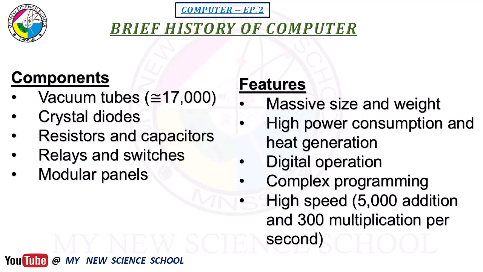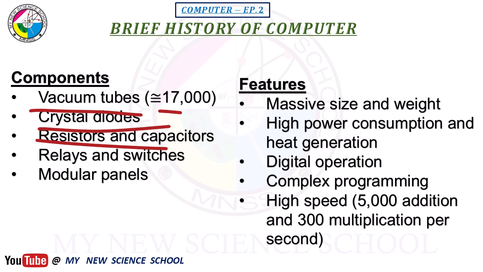These are the components, which include vacuum tubes, approximately 7,000 in number, and crystal diodes, resistors, etc. The features include that they are massive, almost room size, and generate heat.